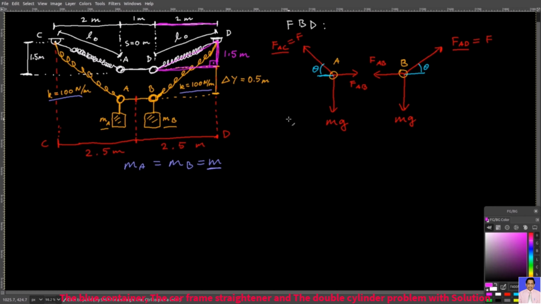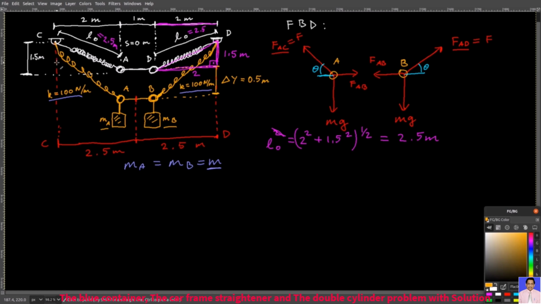And so you can say that L0 squared equals 2 squared, 2 is this length here, plus 1.5 squared. 1.5 is this vertical distance here. And if you square root it, then your L0 becomes 2.5 meters. So there you go. This is 2.5 meters, and this is 2.5 meters.